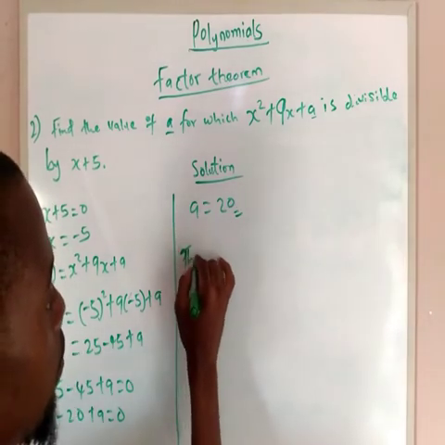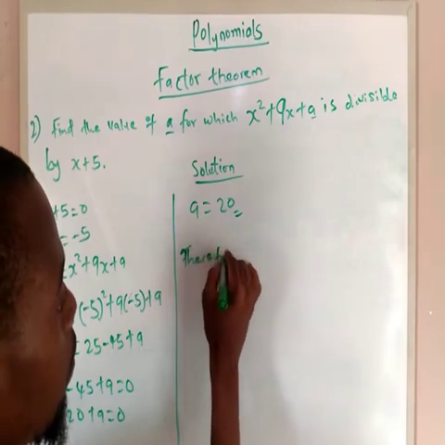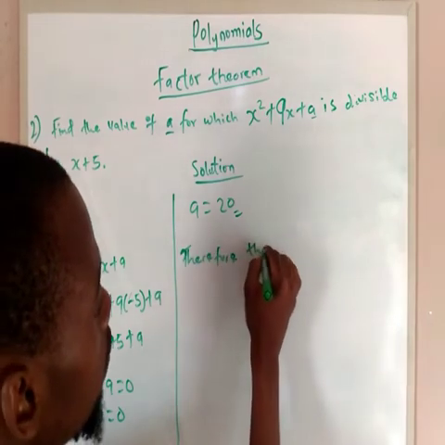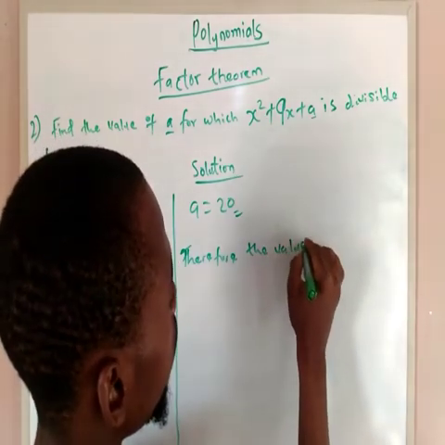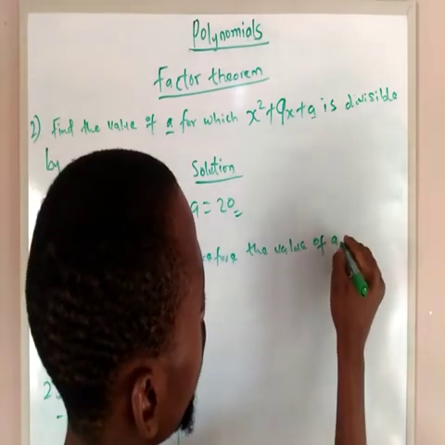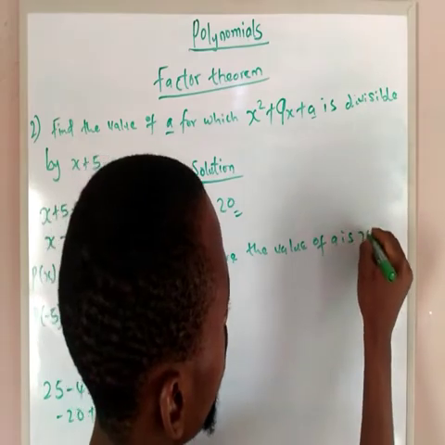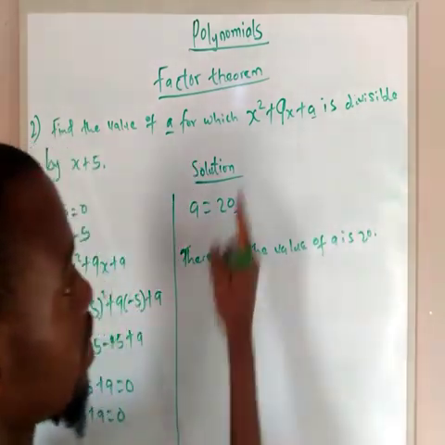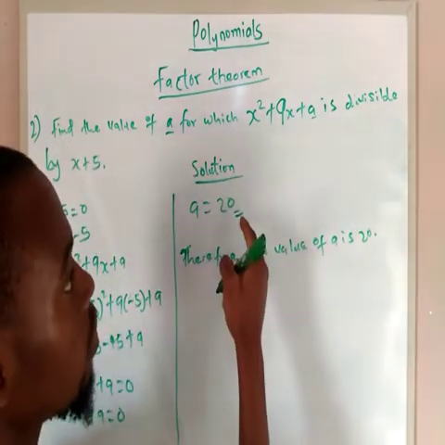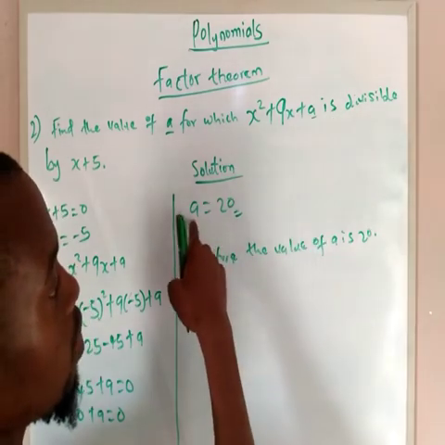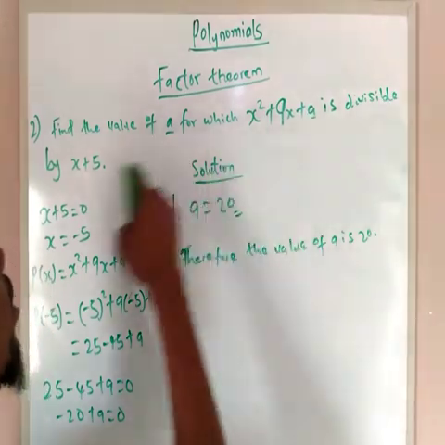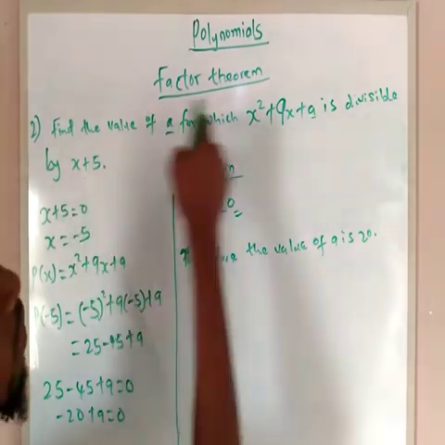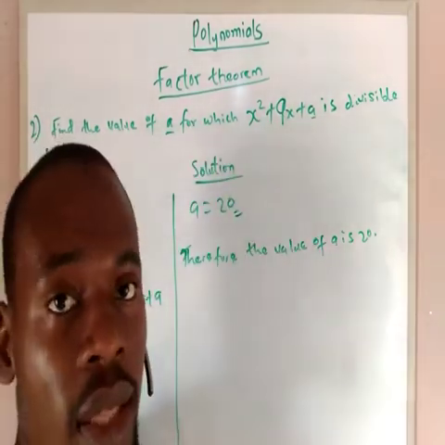Therefore, the value of a is 20. What I'm trying to say earlier is that when we have this equation, instead of writing a, if we put 20 there, then definitely we divide this without any remainder.